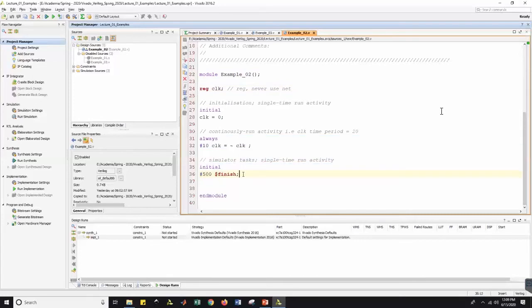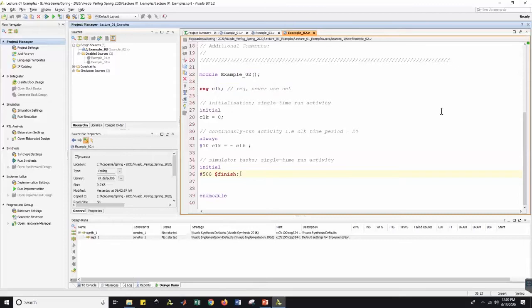This example explains the application of both initial blocks and always blocks. As we can recall from the last lectures, the initial statement is used for single-time activity, and the always statement is used for continuous or infinite activity.